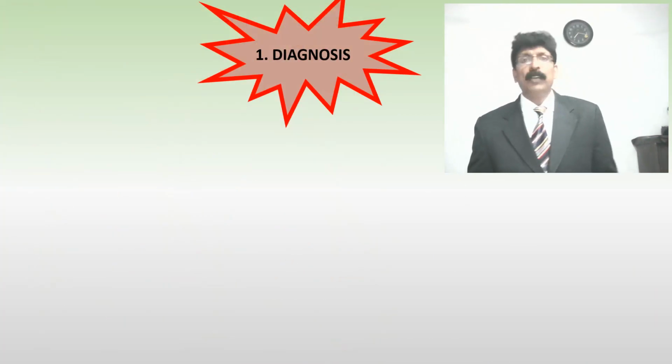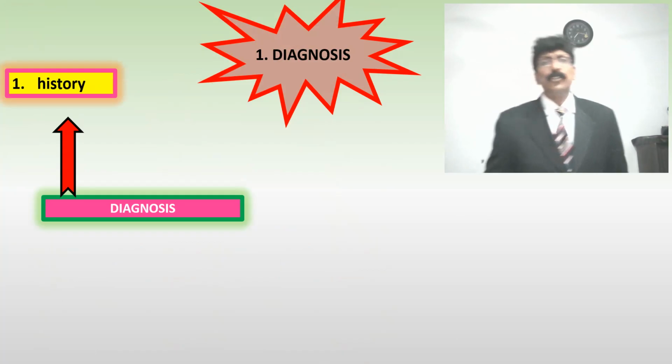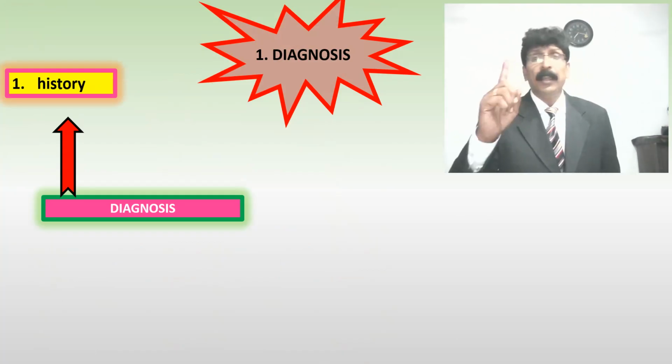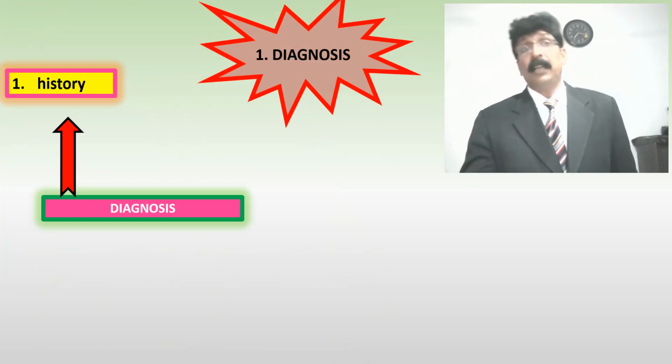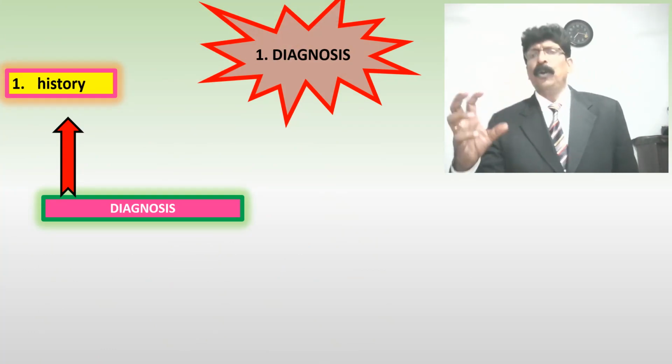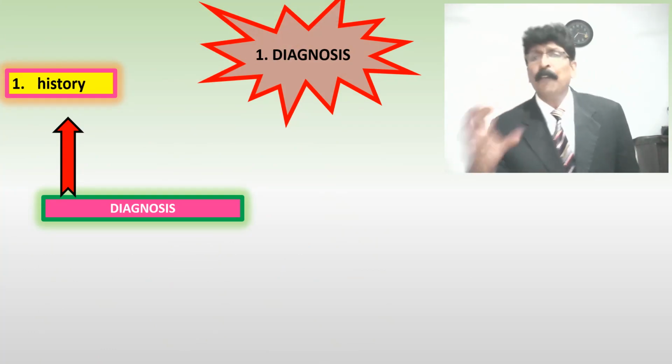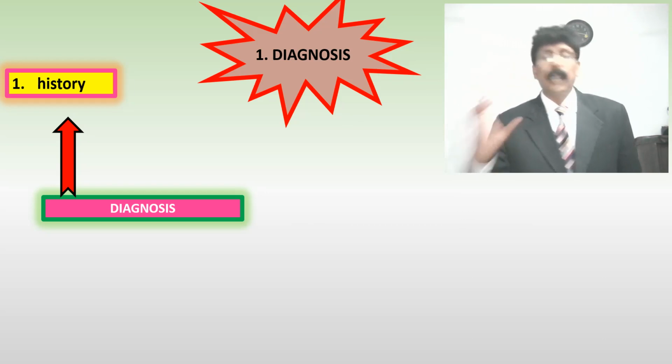Starting from diagnosis. Diagnosis usually, the first is history. If there is history, it will help you identify which poison has been taken by the patient, and we can proceed to the treatment.